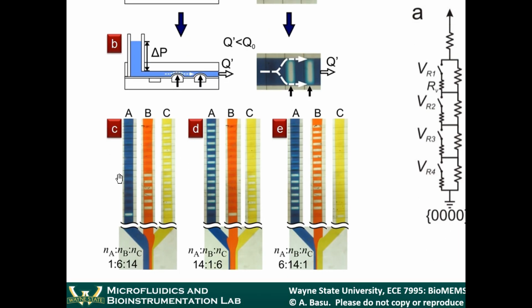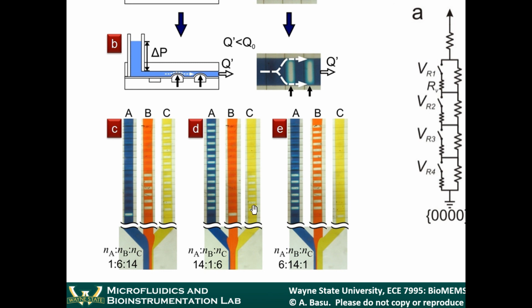So these are examples of different microfluidic resistors, where you have a series of valves in each one of these, and you can control whether those valves are on or off. And the more of these elements that you push up, the more fluidic resistance you'll have.